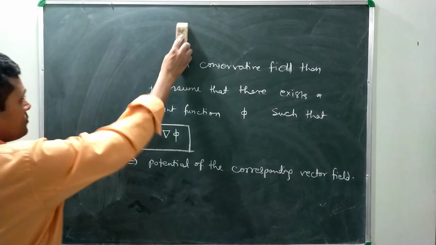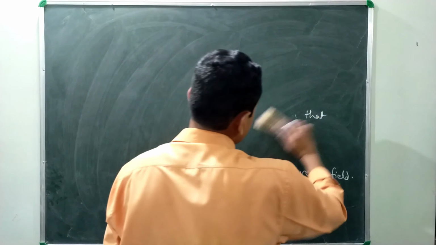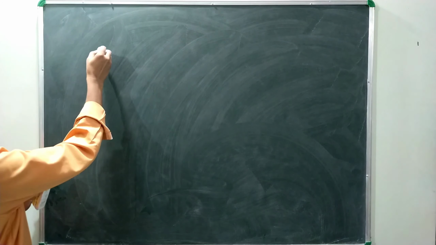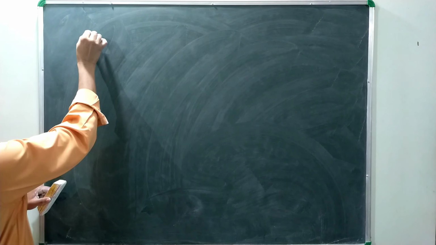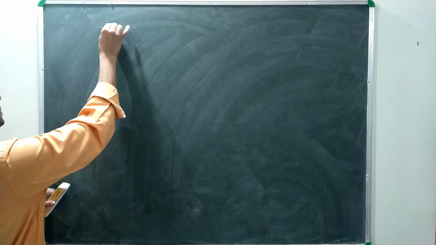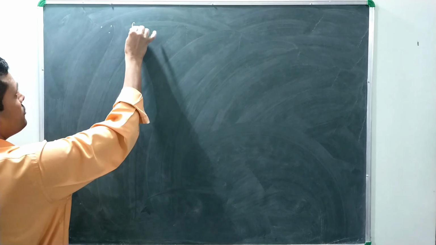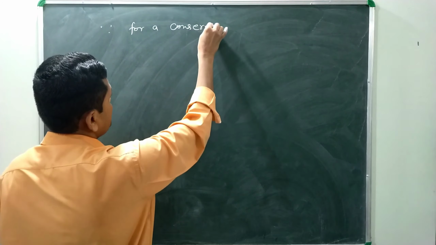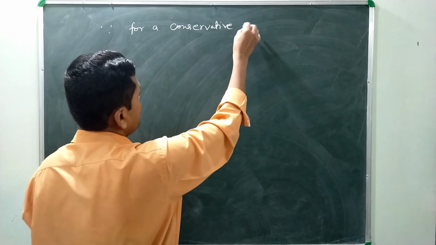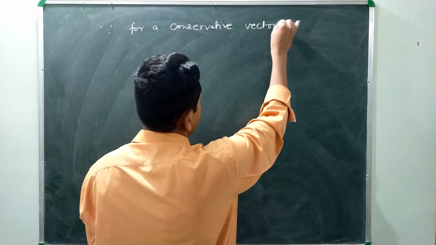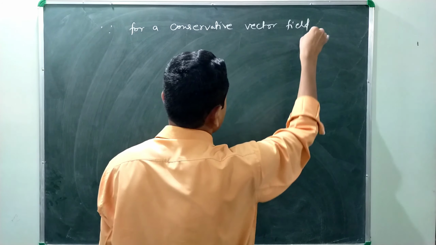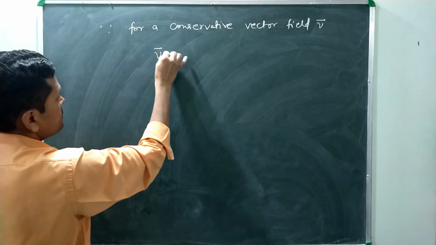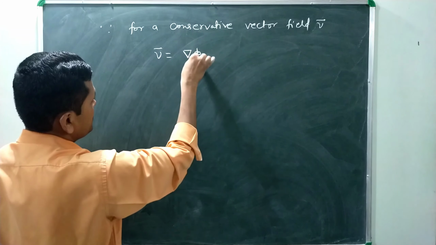Now, we will simplify this thing using the curl operator. So, since for a conservative vector field V, we may write V is equal to nabla phi.